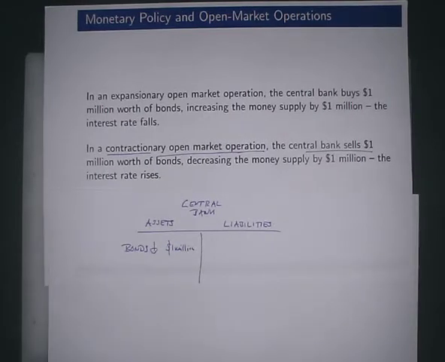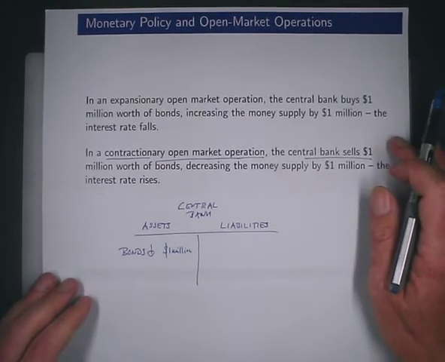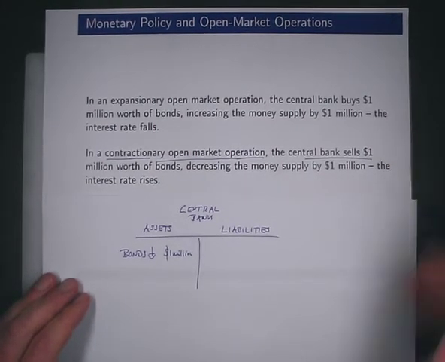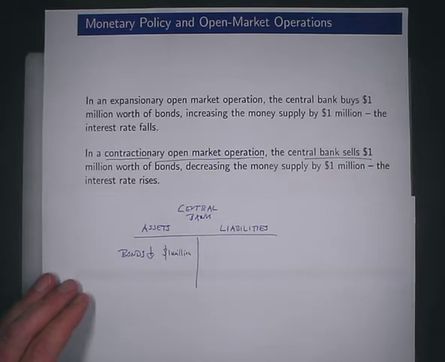Okay. Oh, sorry. What did I write here? Is this wrong? Okay. So if they sell bonds, these bonds disappear here.